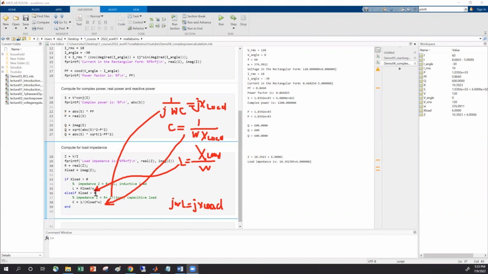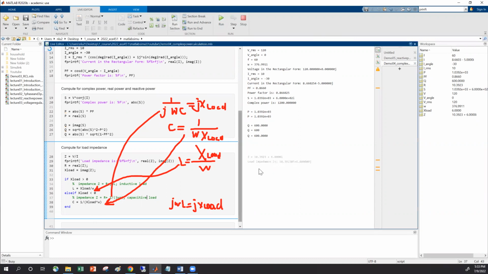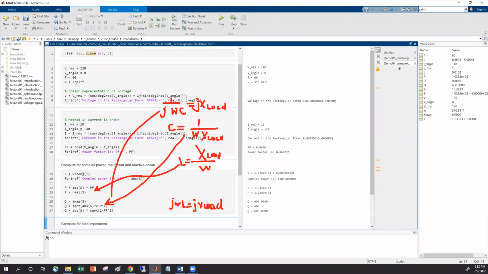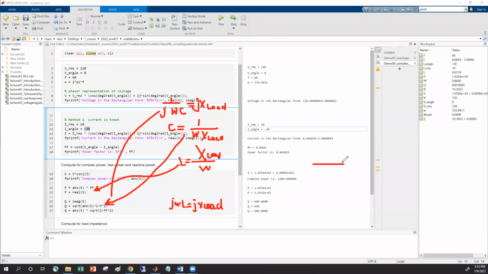Then if we do that and I run it, I can know that, okay, because here my angle is minus. In this particular case, this is my voltage, the voltage 120, okay? And this is the current, which is 10 at minus 30.